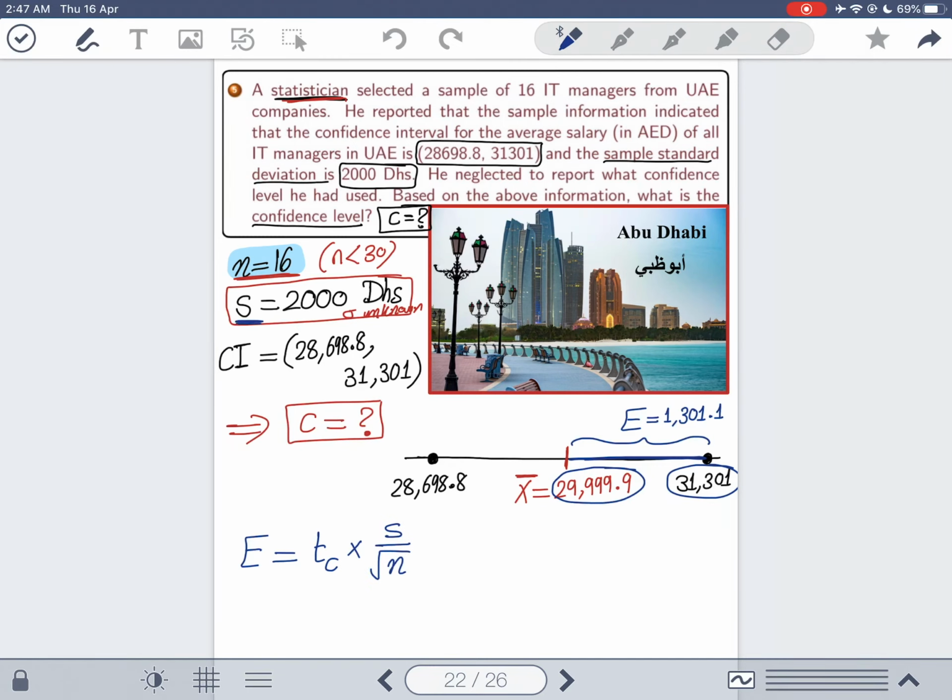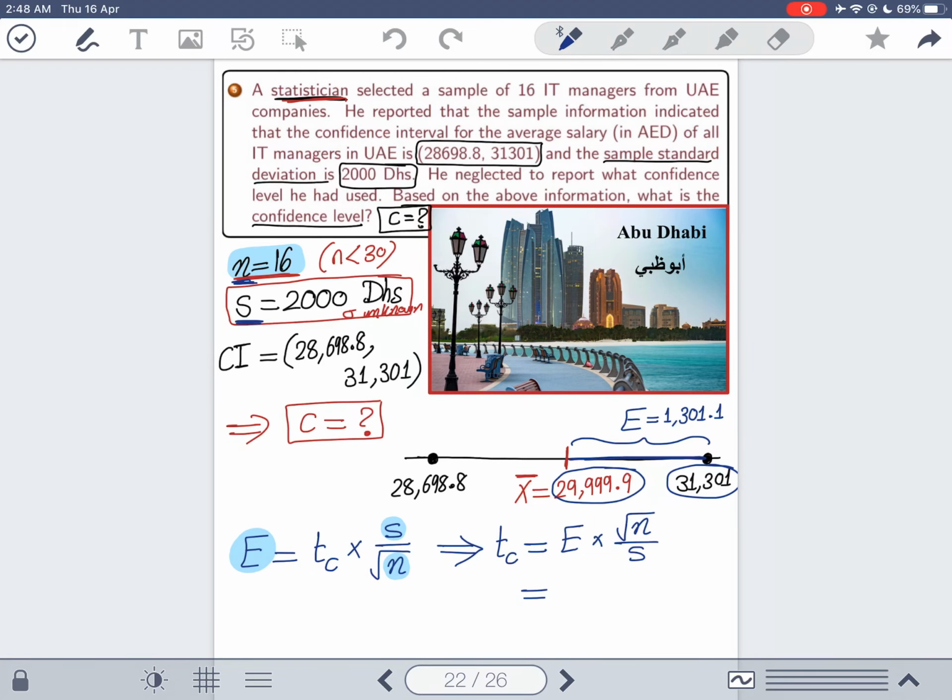Now s and n are given, and the margin of error we know. This we know, this we know, and this we know. So the only unknown is t sub c. So t sub c is equal to e times radical n over s. That's simple algebra, to find t sub c.